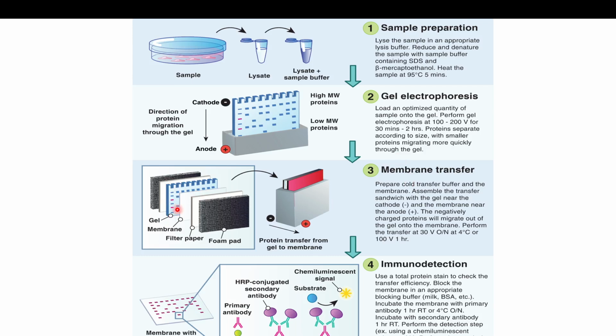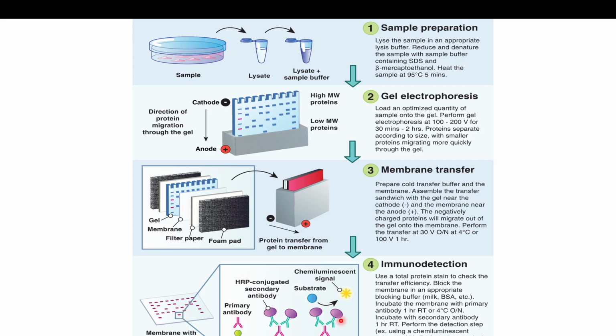This is the gel here, and this is the membrane wherein all these bands have to be transferred so that you can identify your protein of interest using any kind of antibody, with chemiluminescent signals, fluorescent signals, or antigen-antibody interactions as well. Based on these interactions, you can detect whether your protein of interest is present or not, say in a complex or in a particular lysate.